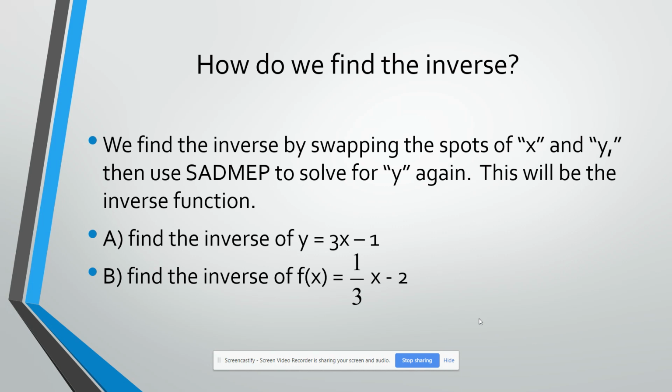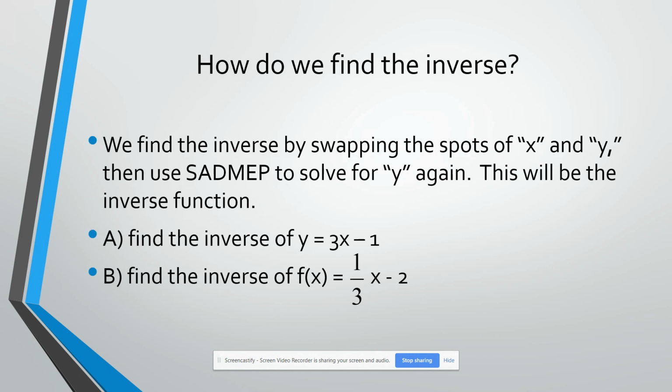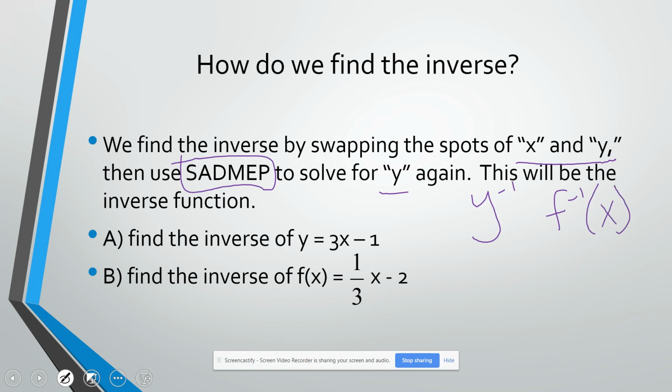We find the inverse by first swapping the x and the y. Then we use backwards order of operations, backwards PEMDAS, to solve for y again. This is the inverse function. When we do this, our resulting equation will be y to the negative first, or f to the negative first of x.